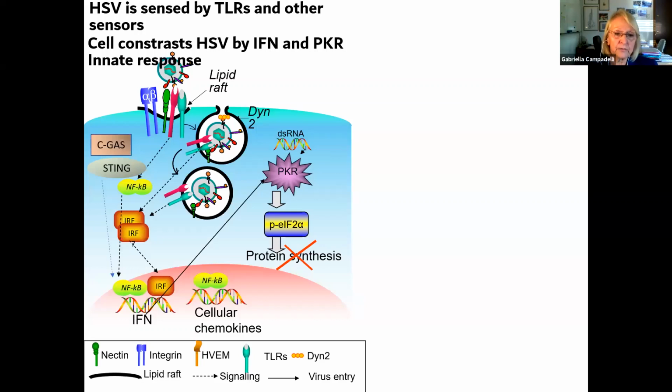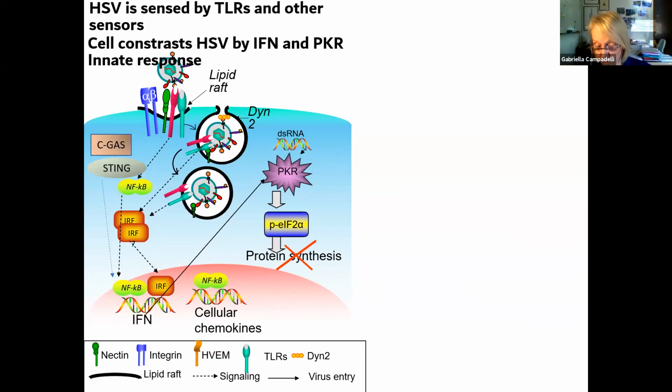And when EIF2 alpha is phosphorylated, the protein synthesis is blocked. In this case, the protein synthesis, most of the cell and of the virus, is blocked. So the cell senses herpes, activates PKR, and blocks protein synthesis, actually destines itself to death.